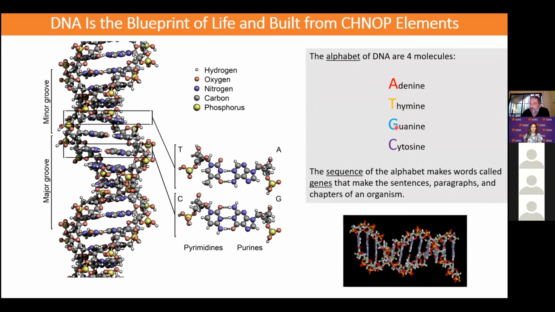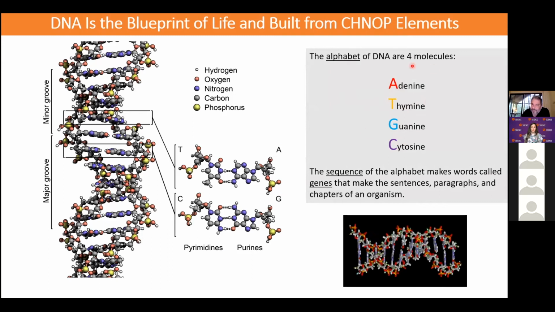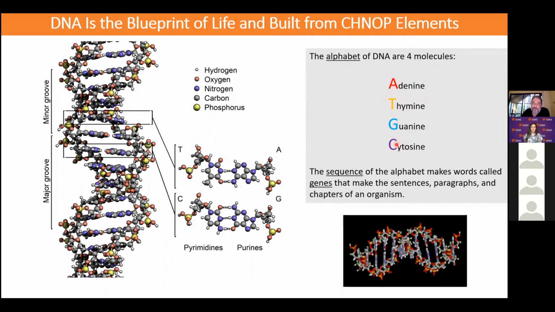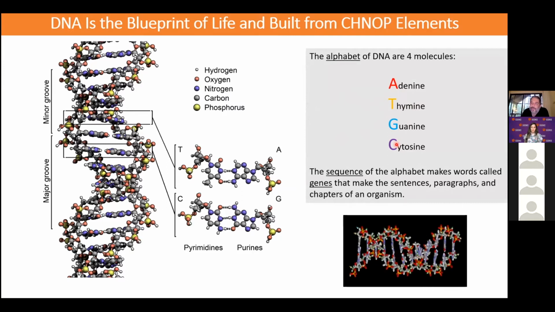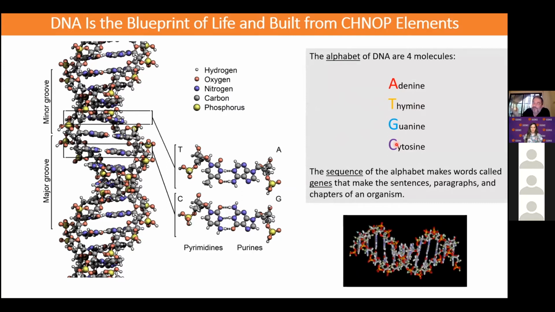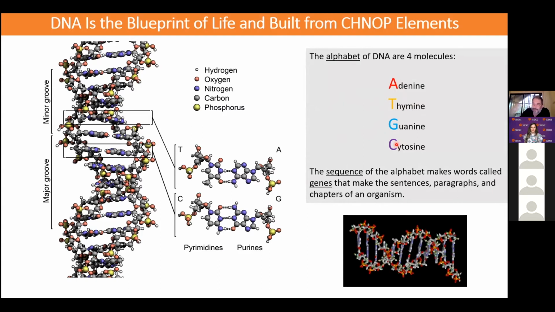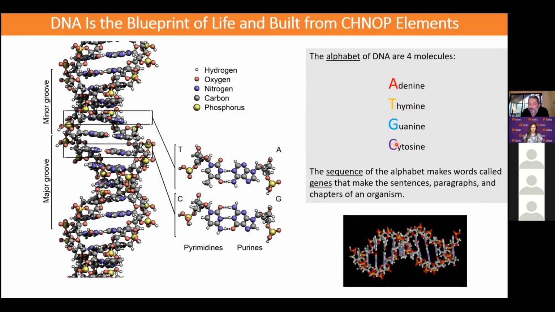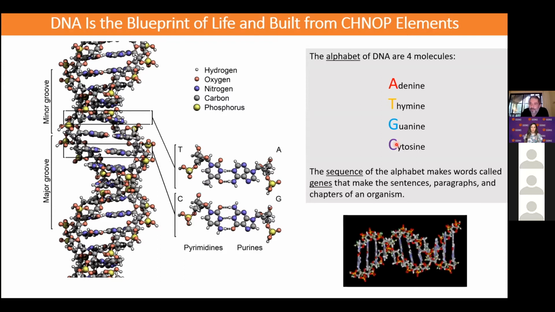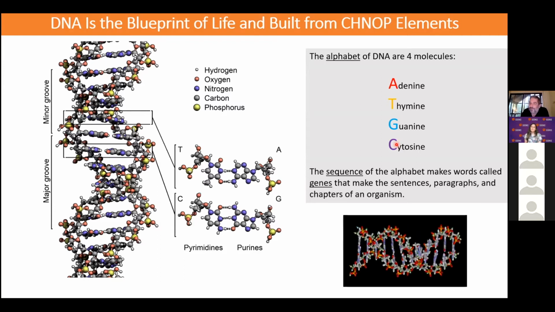DNA only needs 4. It can string these together in a sequence, and the cells know how to read that sequence and turn it into something physical that can make a brain cell, come together with other brain cells, and be a brain, an organ that can all form an organism.